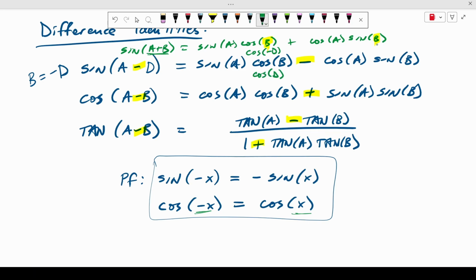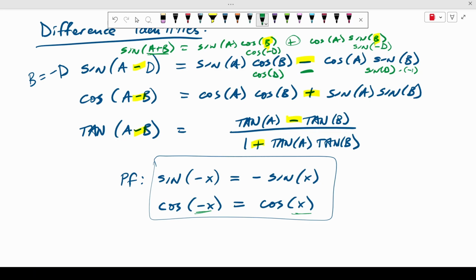Here, when I replace sine of B with sine of negative D, we can see that this has the same effect as a sine of D made negative times a negative 1. And so when I have cosine of A times sine of negative D, that's the same as cosine of A times sine of D times negative 1, which makes this plus a minus.